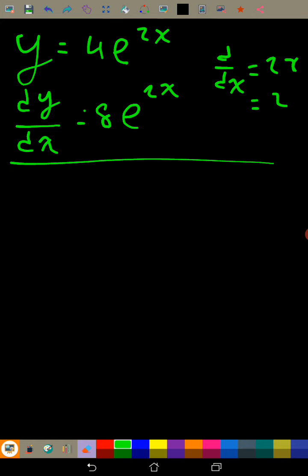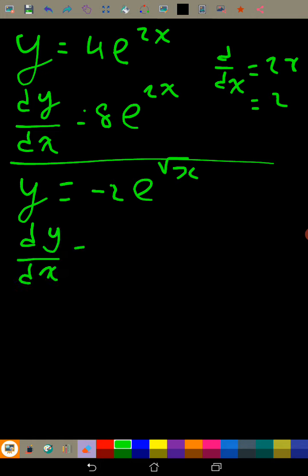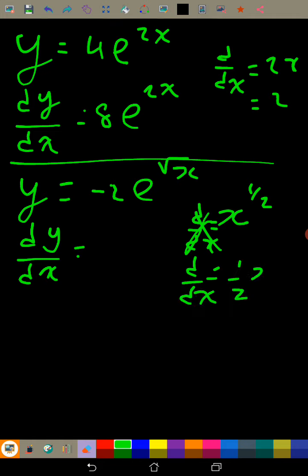But if we have something a little bit more challenging, let's say we have something like this, and we need to differentiate it, we know that we have x to the power half. If we differentiate it, the d/dx here gives half x to the minus half.